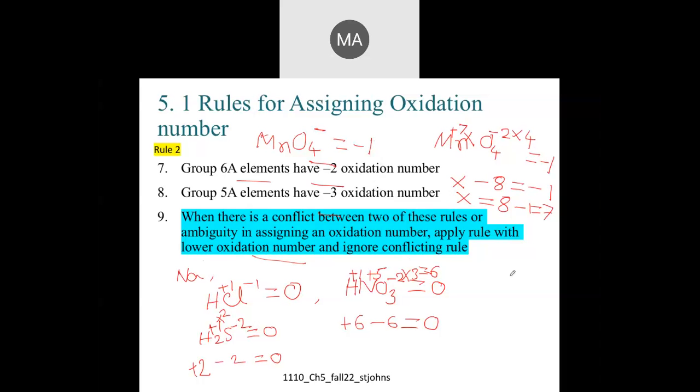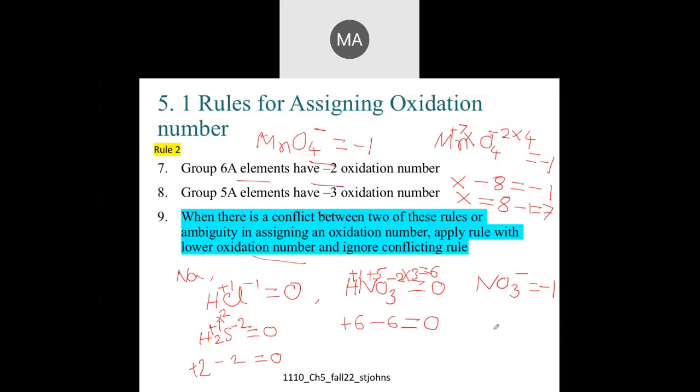You could see that one example. We could check some more examples. For example, the nitrate polyatomic ion. The sum equals the ionic charge, -1. How?